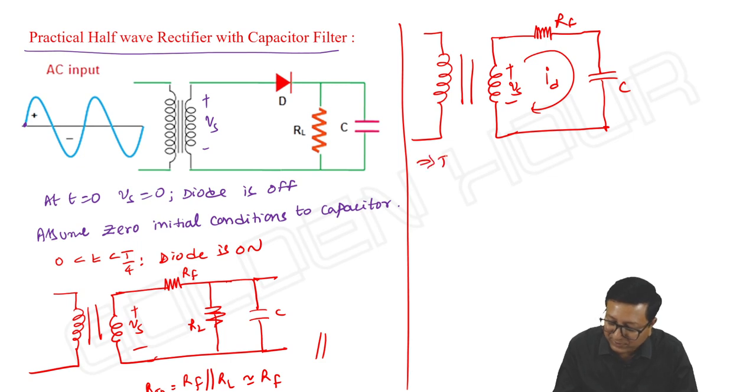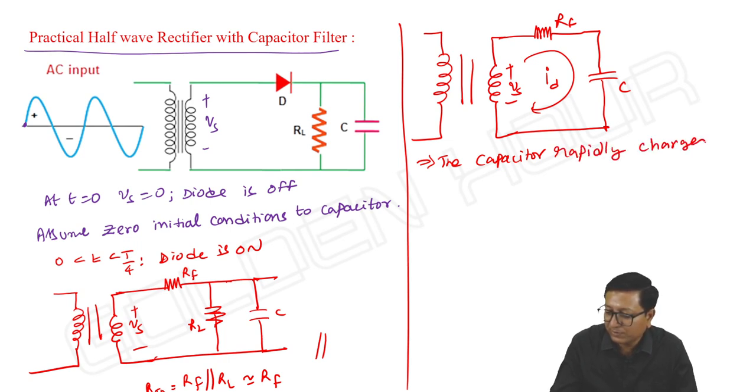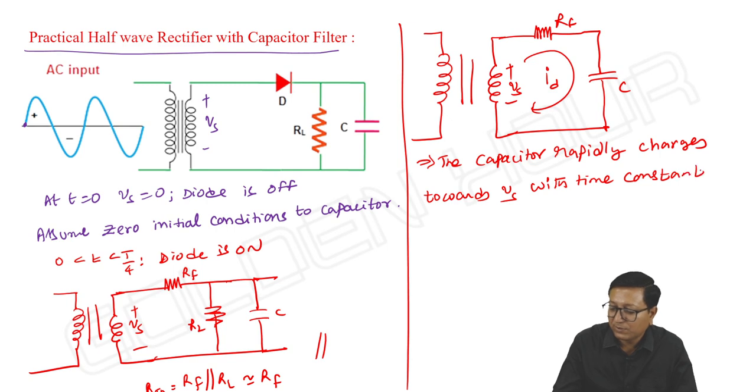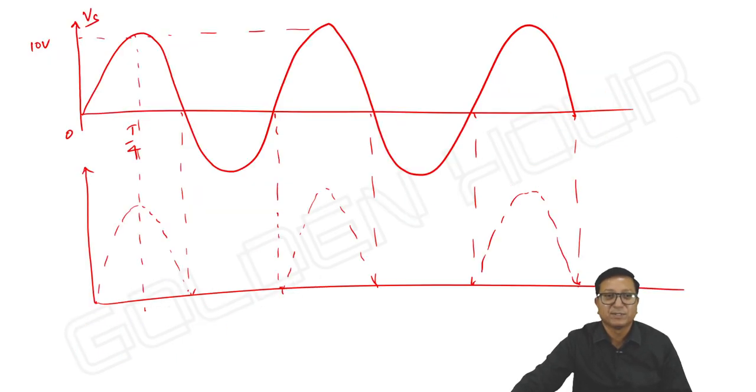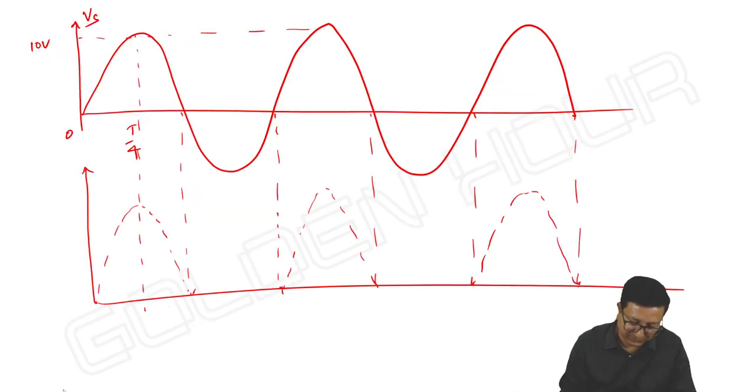Implies the capacitor rapidly charges towards Vs with time constant tau c equal to Rf into C. Okay, it is charging like this.